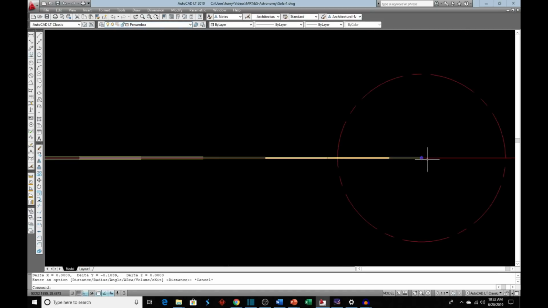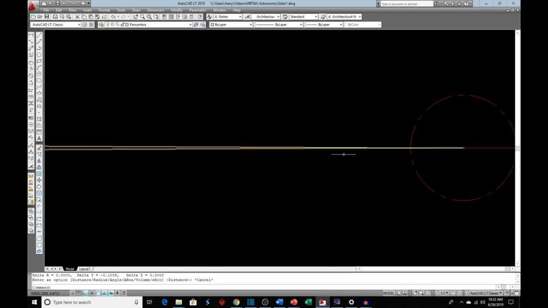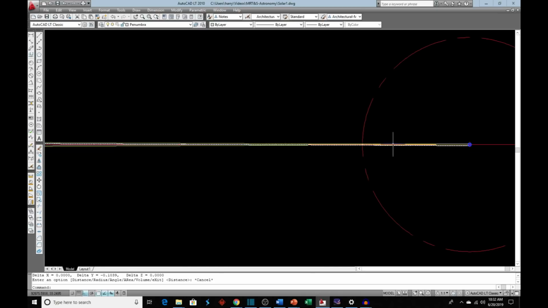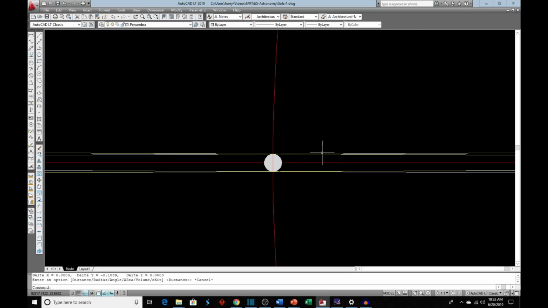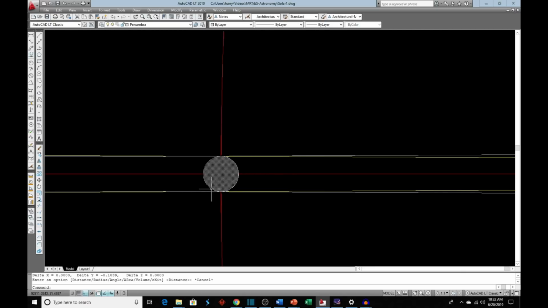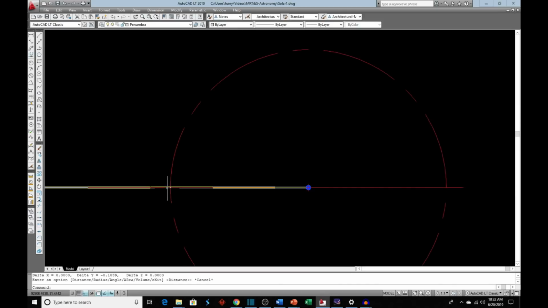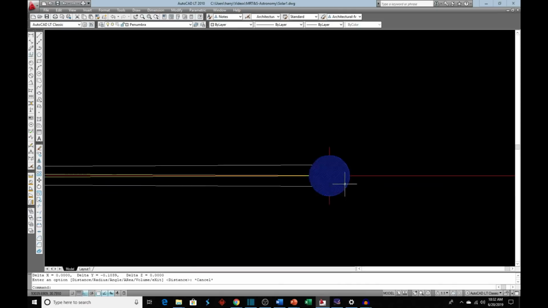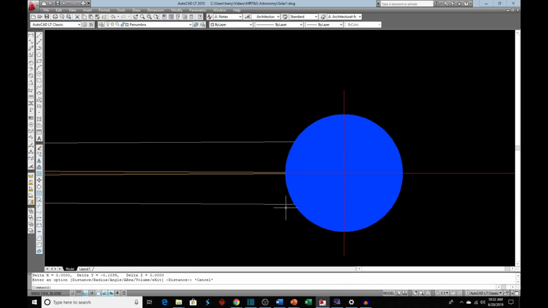There we go. Now we have our lines coming from the opposite sides of the sun and casting this much larger penumbra shadow. That's what that looks like. And that's why it works, and that's how it works.